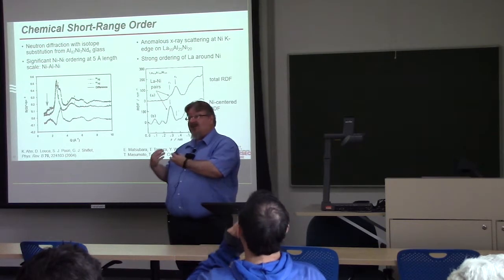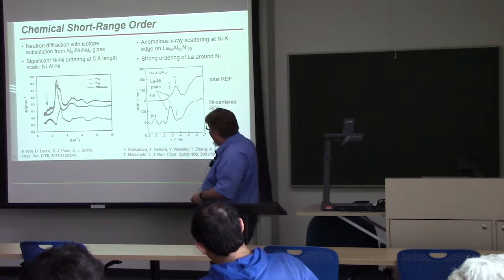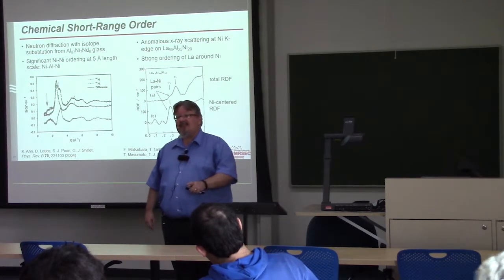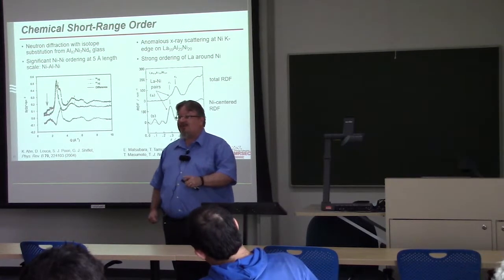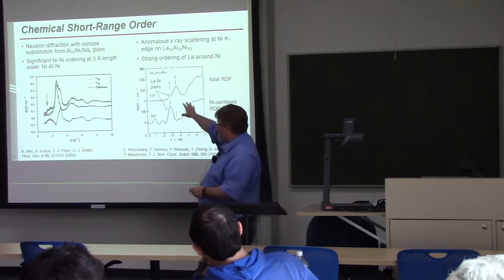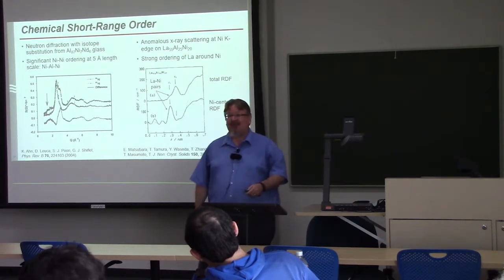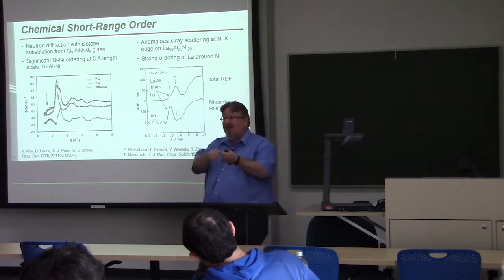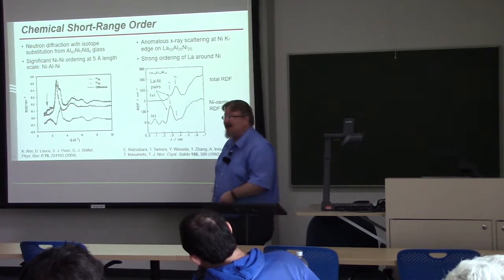By only changing the isotope. The reason that people don't do more of this is isotopically pure metals are fantastically expensive. So this represents probably $10,000 or $20,000 of just raw materials to make the samples.